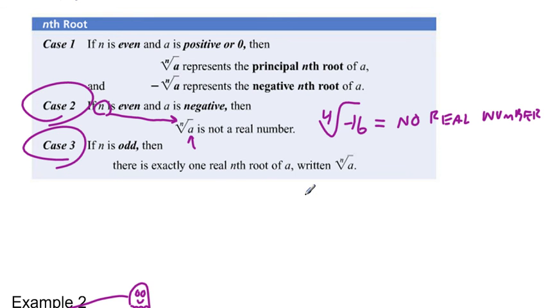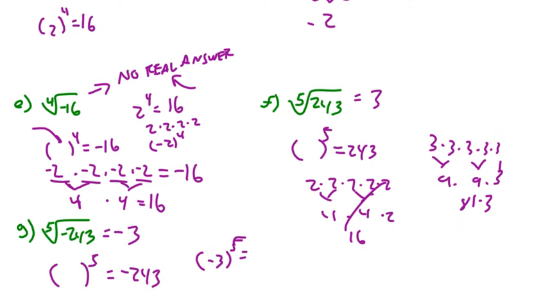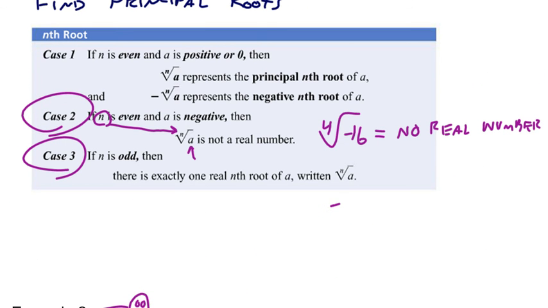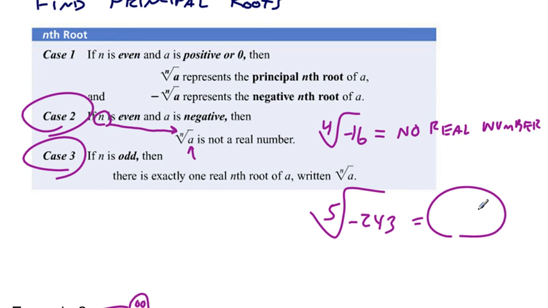And what I mean by that is, for example, the one that we did below, the fifth root of negative 243. So if n is odd, and it is, then there's going to be exactly one real nth root of a, meaning you're going to be able to find an answer here.